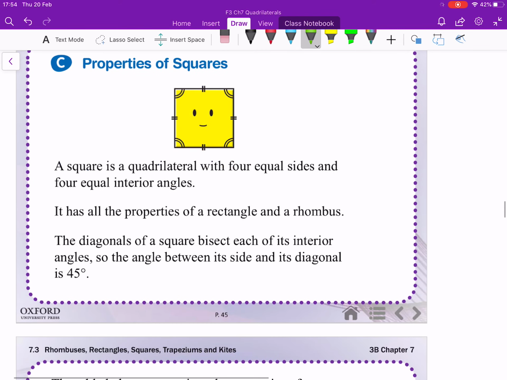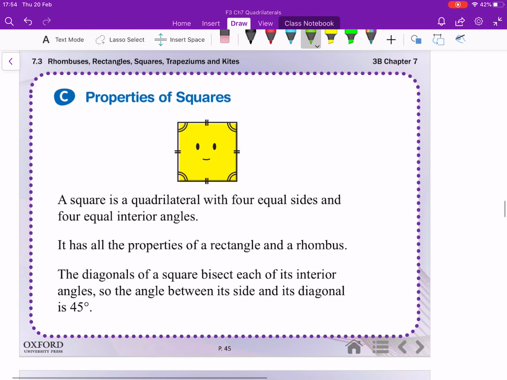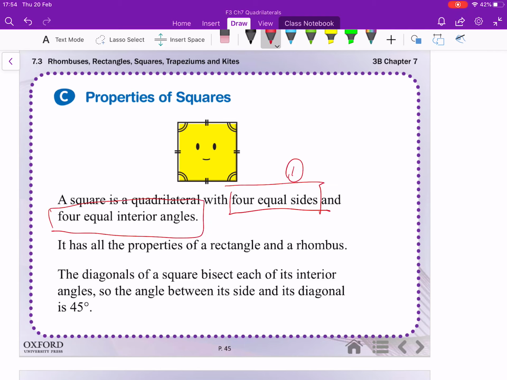Okay, the third one, square. Square, a very beautiful quadrilateral. For square, the official definition is we have 4 equal sides, the first criterion, and 4 equal interior angles, the second criterion.